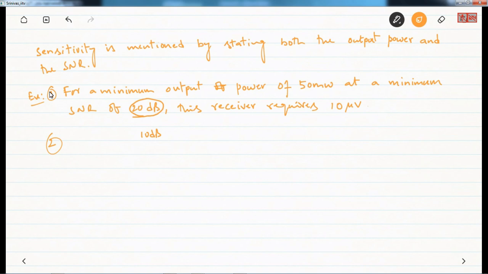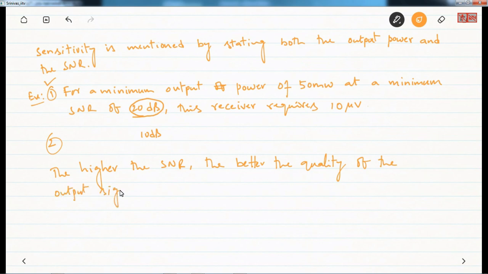That's what I'm trying to say: the higher the SNR, the better the quality of the output signal. If I have a high SNR receiver, I will listen to a high quality signal at the output of the receiver, right?